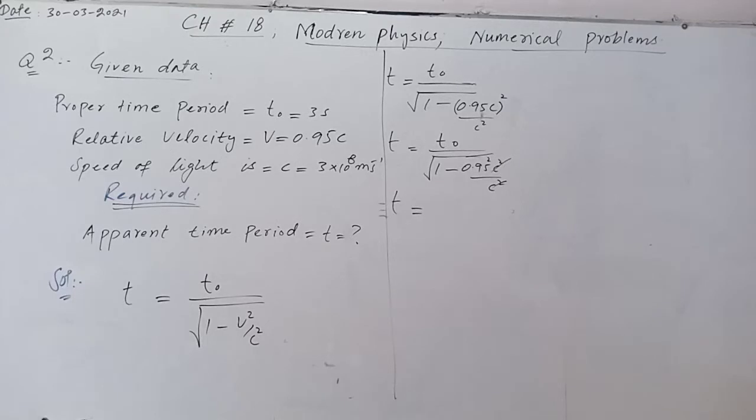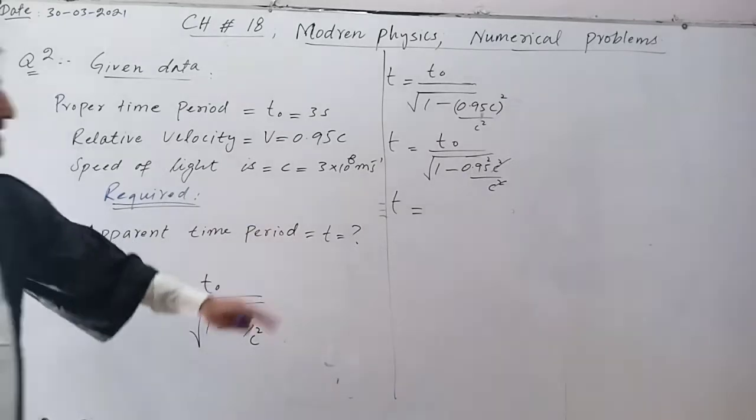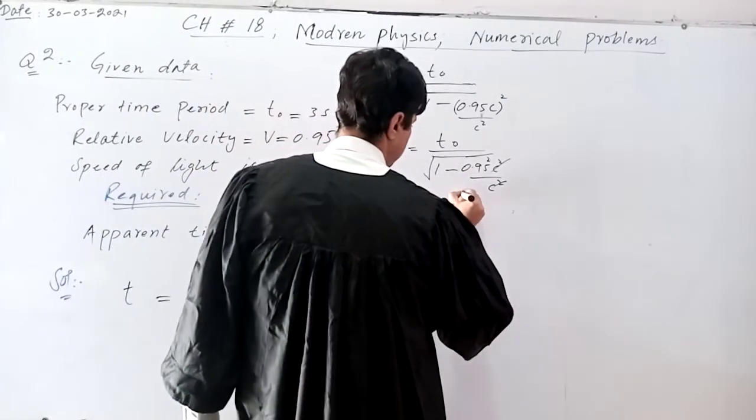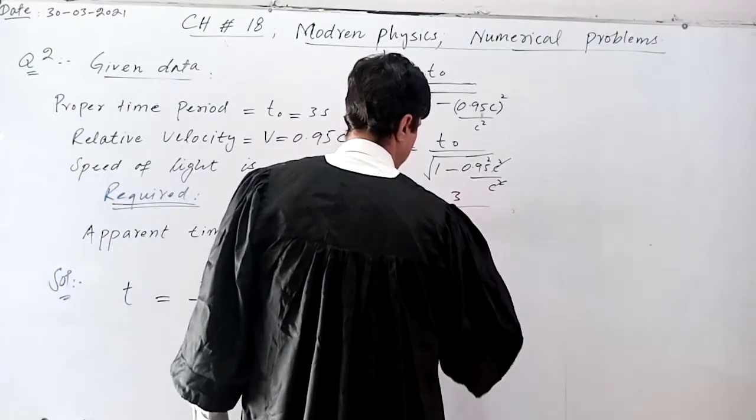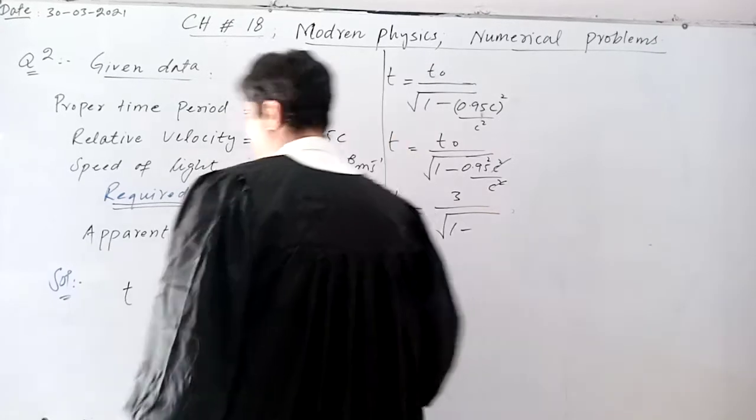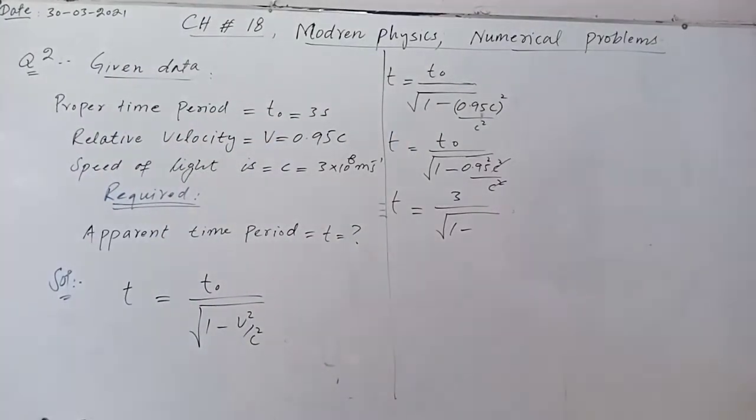So we get T equal to T naught divided by, by performing this calculation, 3 divided by under the root 1 minus 0.95 square, which is 0.95 multiplied by 0.95, we get 0.9025.